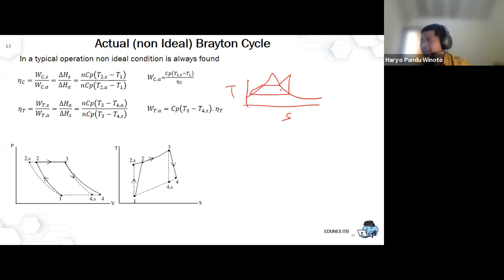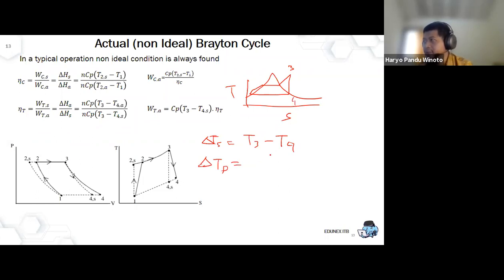What happens if you have less isentropic efficiency? This is 3, this is 4. Do you still remember? For isentropic, delta T isentropic, maybe T3 minus T4, and I have delta T polytropic, suppose here.